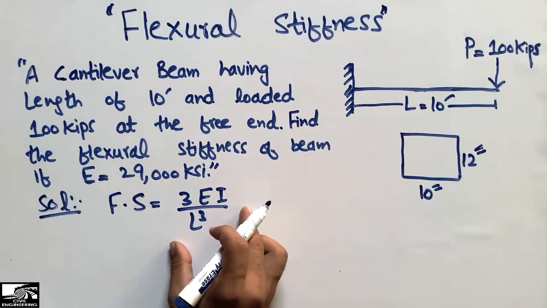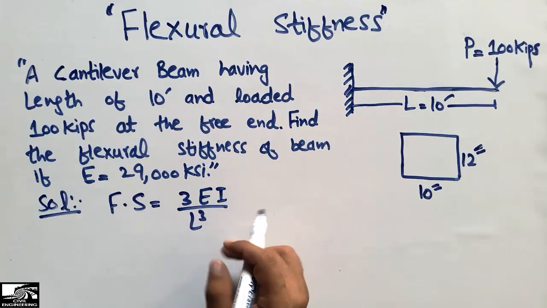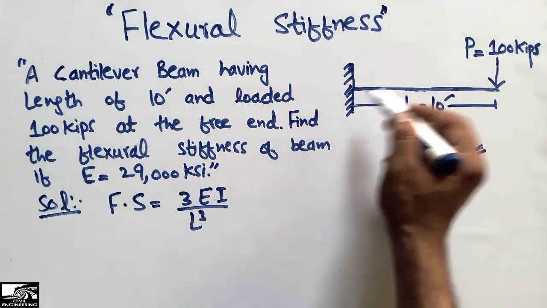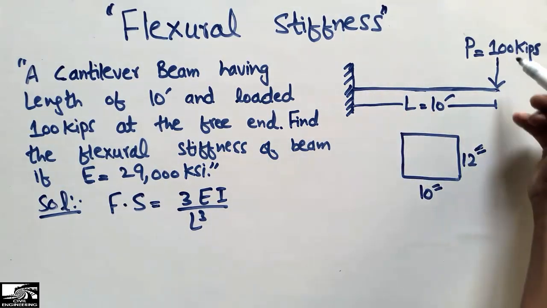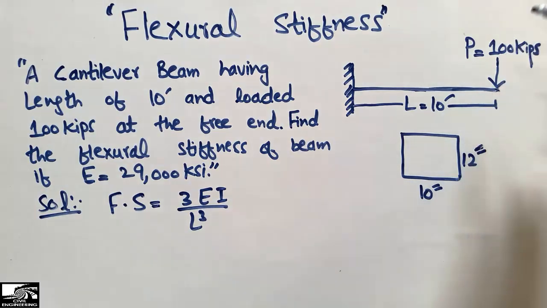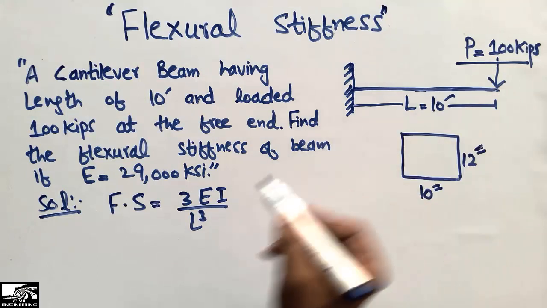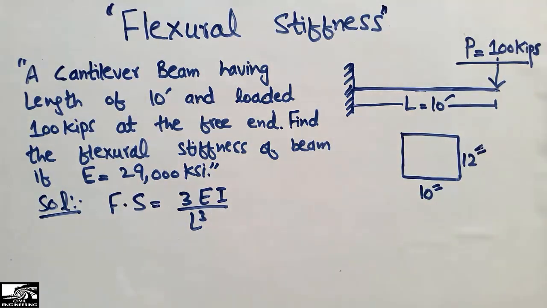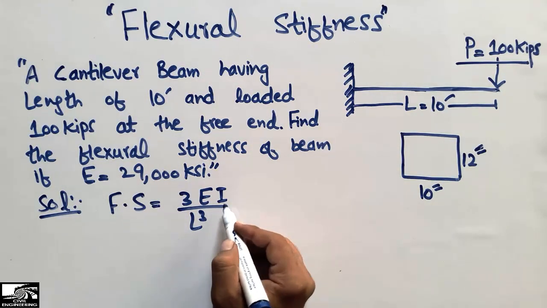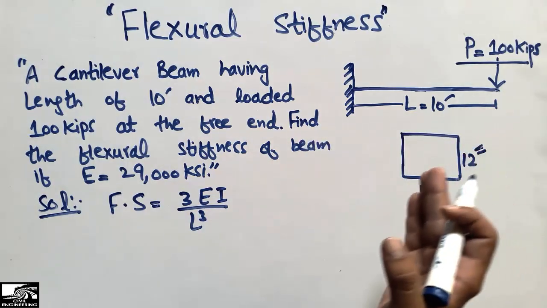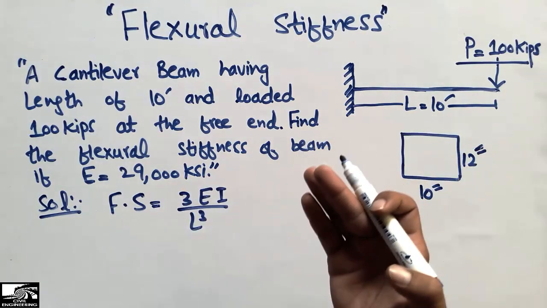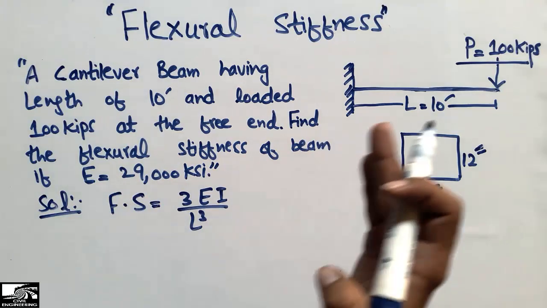This is the formula we know from the literature, that if the beam is the cantilever beam and it is flexural loaded at the end of the beam, free end of the beam, we can use this formula to find the flexural stiffness. Right? Every type of beam has different formula, and every different type of the loading condition has the different flexural stiffness.